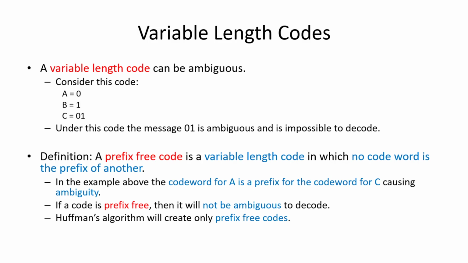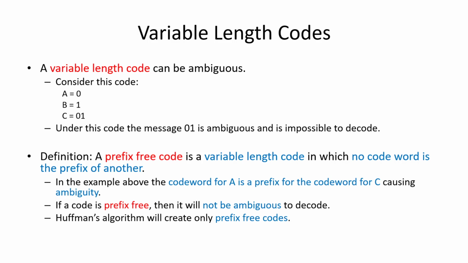A code is called prefix free if no code word is the prefix of another. So the unfortunate problem with that code above there is the code word for A is a prefix for the code word for C, and that introduces ambiguity into the code. That's what makes it a problem.